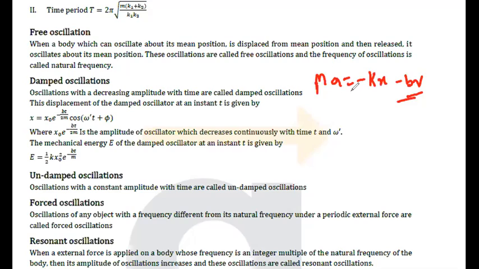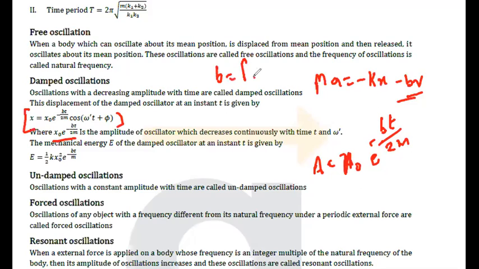Now if you solve this, we will get x is equal to x naught e to the power minus bt by 2m cos of omega dash t plus phi, where the amplitude is A naught e to the power minus bt by 2m, where b is equal to F damping by velocity.